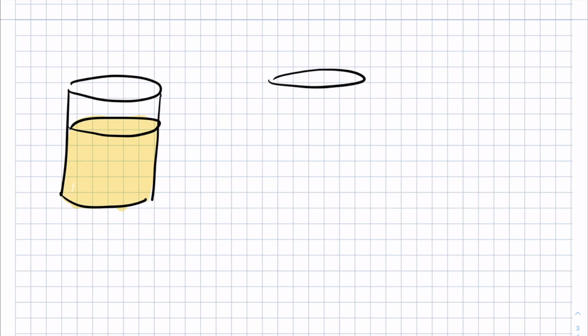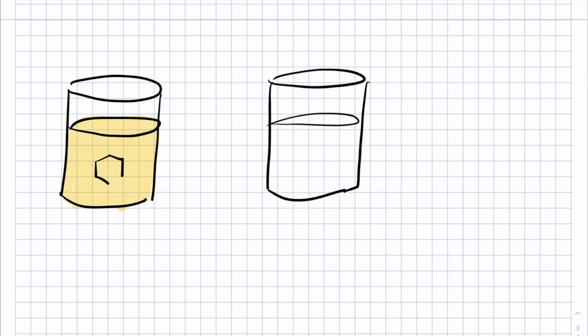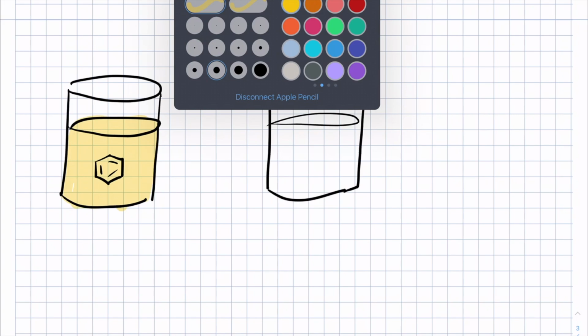And then we'll have here blue for water. And we're going to think about what the thermodynamics of the process are, to take a single molecule of benzene and dissolve it in water.